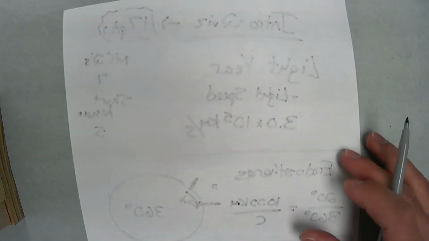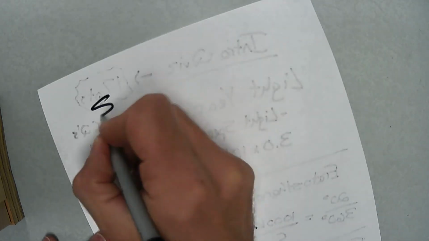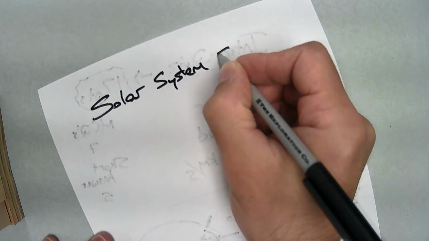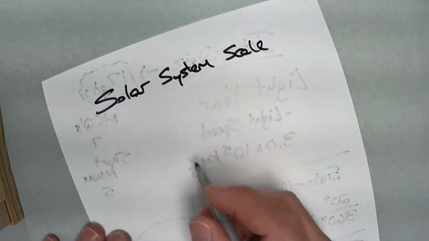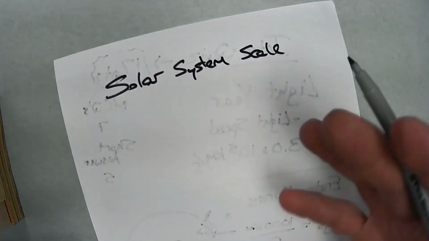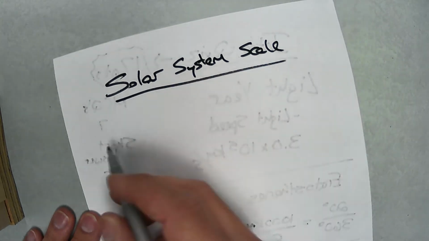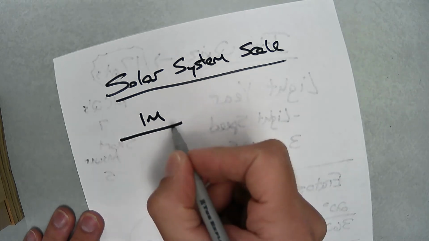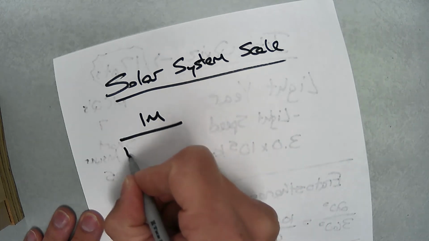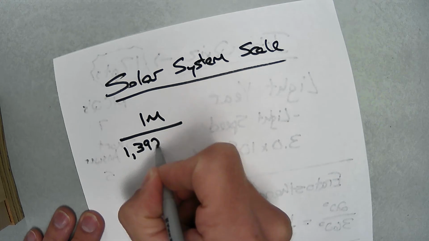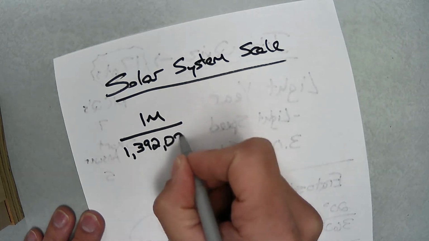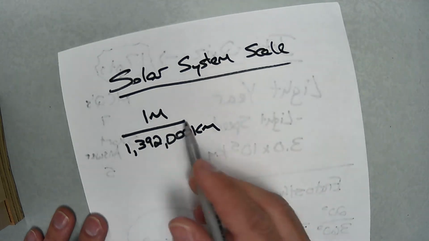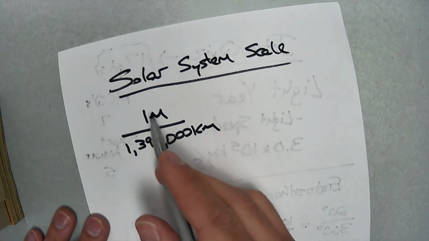All right. Additional questions. Solar system scale lab. You might recall that we were converting measurements to a scale model. If the sun was 1 meter, but the actual sun is a really big number, 1,392,000 kilometers, and we want to convert this in our scale, we're going to use that number to convert, right? We just have to divide 1 by that.